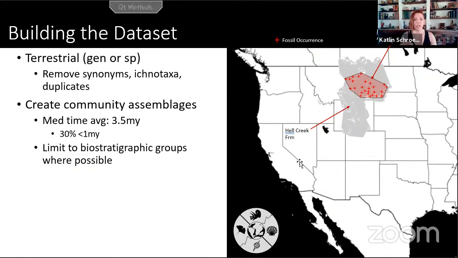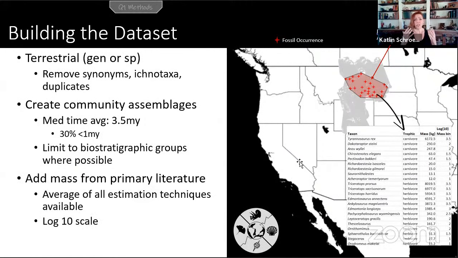We're not just relying on the skeletons that are in a formation, because some formations span very, very long periods of time, and you can't really guarantee that each species in there is interacting with one another. So as a nice byproduct, this also limits time averaging. You're not looking across the entire formation, and it really helps to ensure that we are actually looking at collections of interacting species, because that's in effect what a community is.